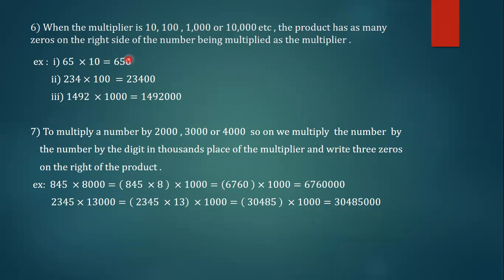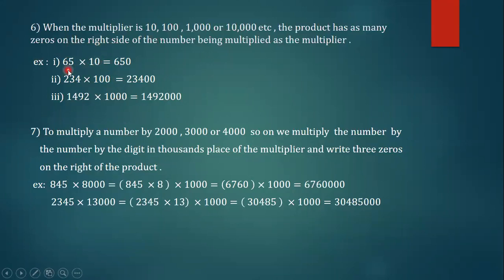That many zeros you keep on the right-hand side of the number being multiplied.